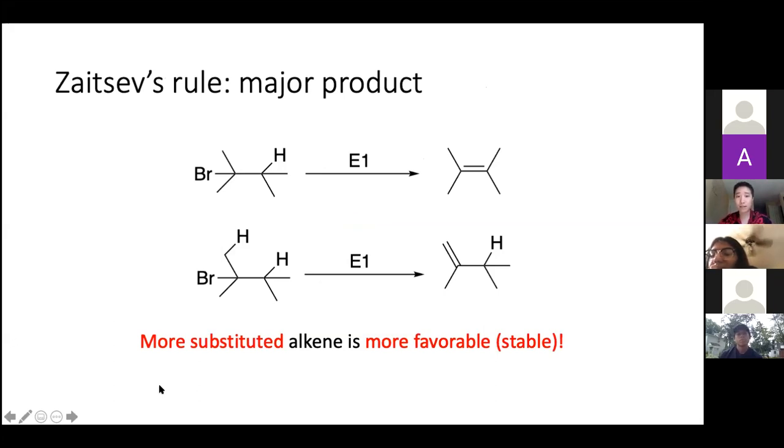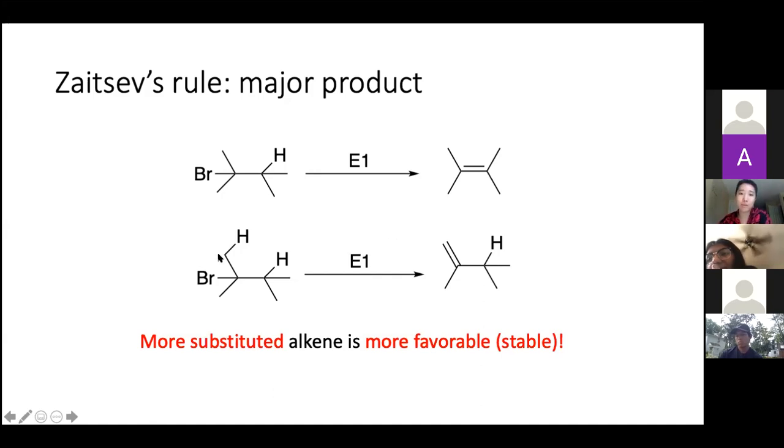Well, if we look at the first reaction on here, the E1 reaction happens, and we happen to get rid of this proton over here to the right, and we get a tetra-substituted alkene. By tetra-substituted, I mean that there are 4 non-hydrogen things attached to the carbons that have a double bond between them.